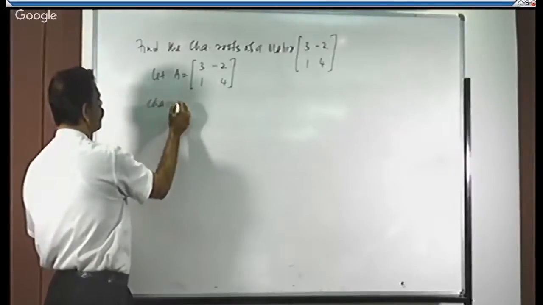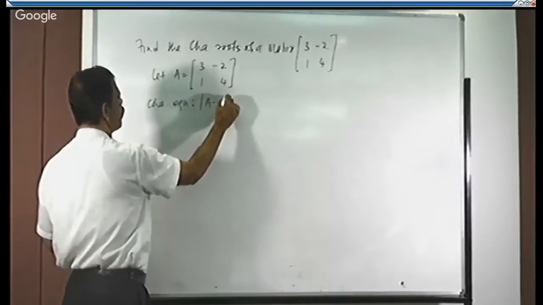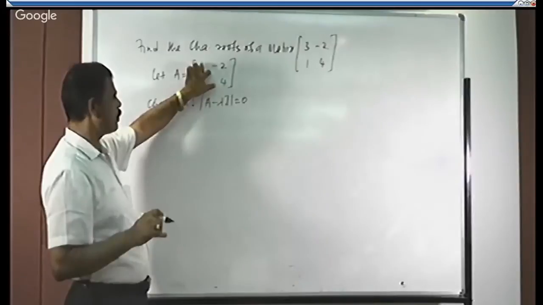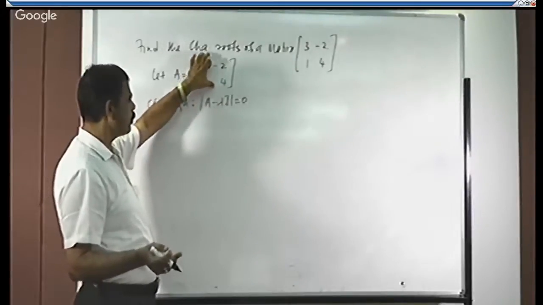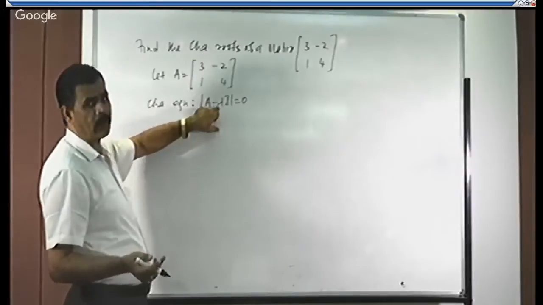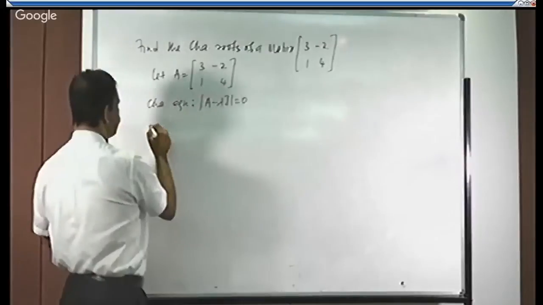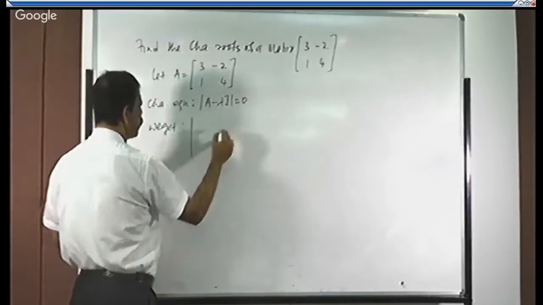Therefore, the characteristic equation is determinant of A minus lambda I is equal to 0. What is A? It is the given matrix. What is I? It is the identity matrix of the order of A. Lambda is some unknown. By substituting A minus lambda I, you write directly, put a determinant symbol.